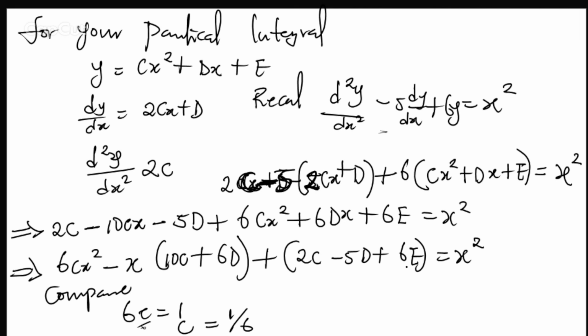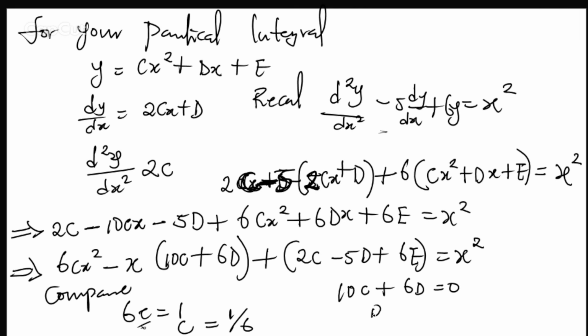Now let's go to the next parameter. The next parameter we are seeing there is 10c plus 6d, and we can equate this to 0. Remember we are comparing. We already know that c is 1 over 6. Remember, our interest is to get what d is.